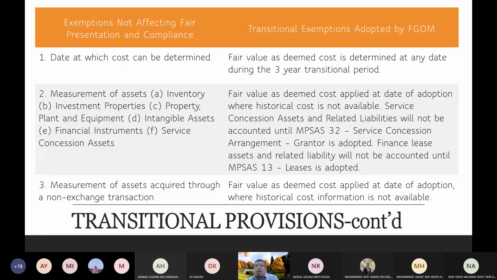Okay, finance lease, asset and liabilities will not be accounted until MPSAS 13 is adopted. So I think they give the time because if you look at concession assets, only will be accounted under MPSAS 32. Measurement of asset acquired through non-exchange transactions. Fair value as deemed cost applied at date of adoption, where historical cost information is not available.